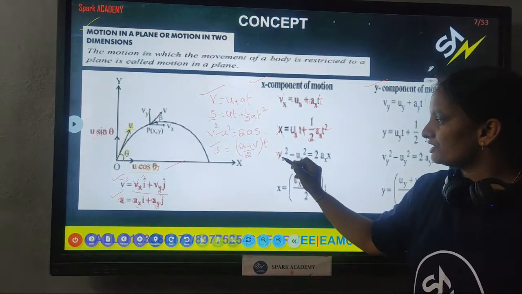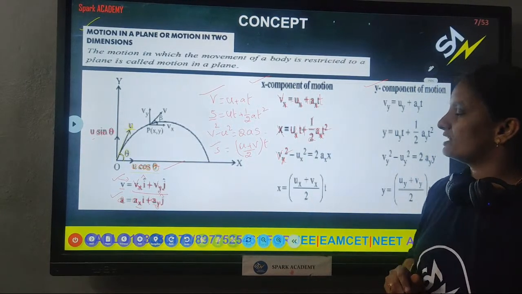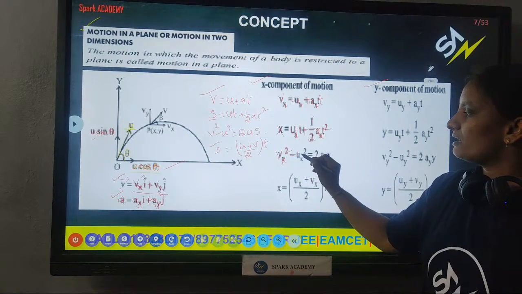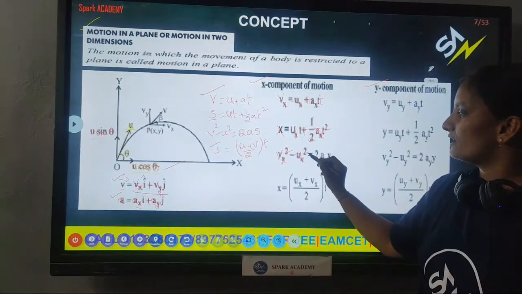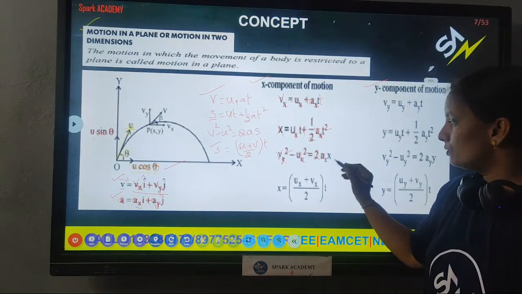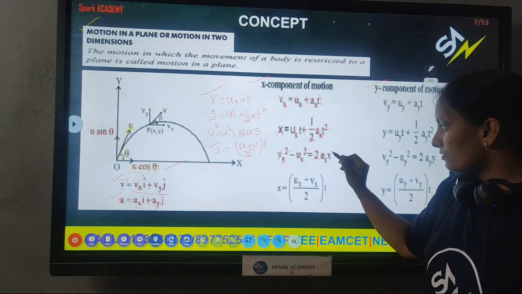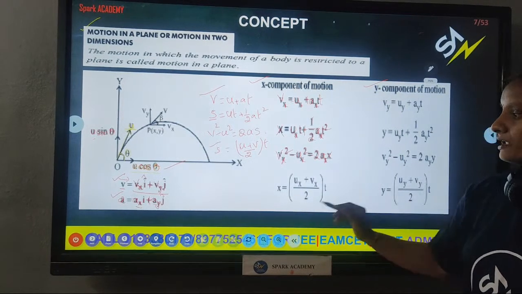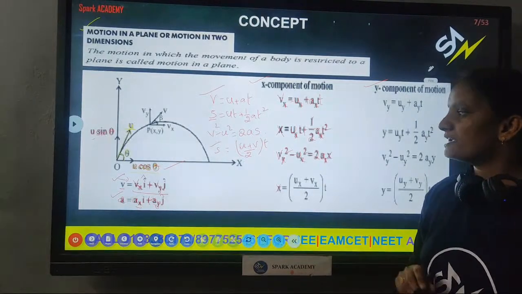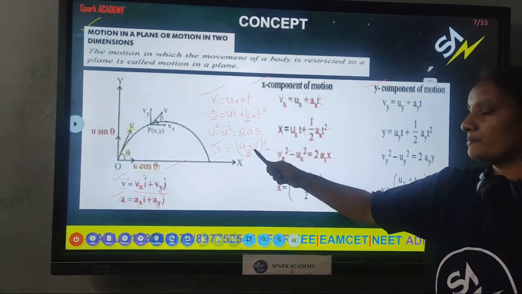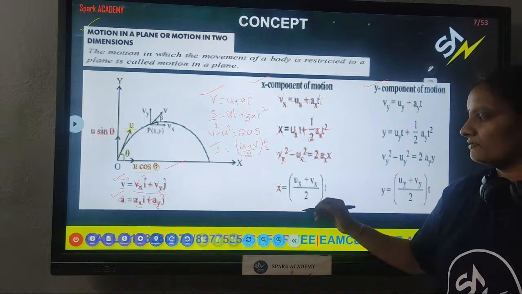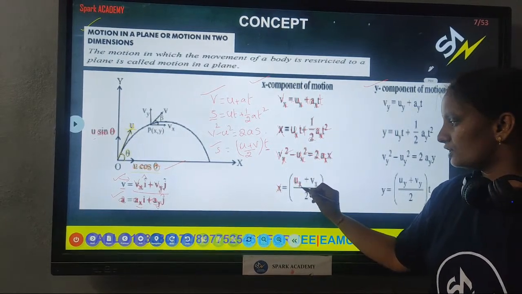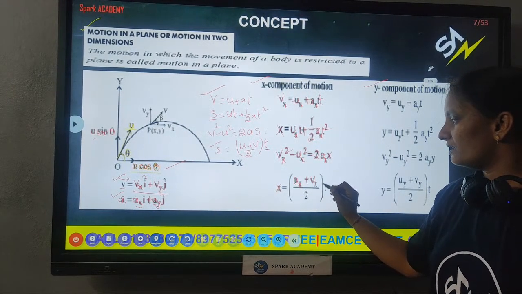Next, the third equation of motion along x direction: vx square minus ux square is equal to 2ax into x. Next, the displacement in a given interval of time having initial and final velocities, that is (ux plus vx) by 2 into t.